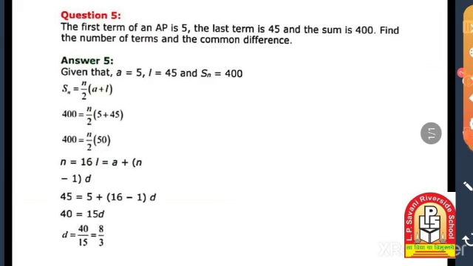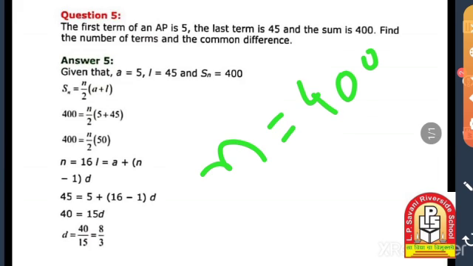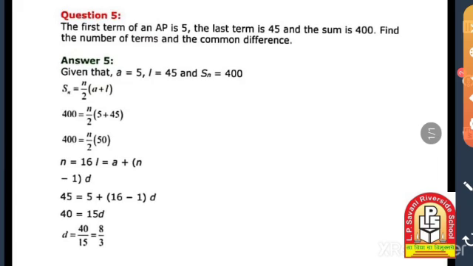So n is equal to 400 divided by 25, that is 16 over here.